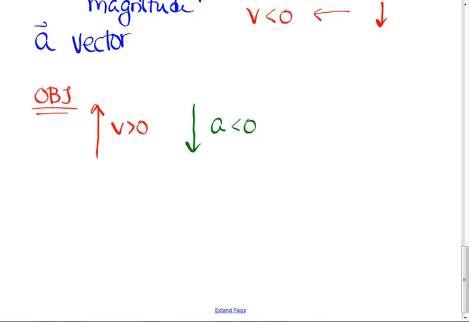You know the answer to this. If I throw this pen up in the air, is it speeding up or slowing down? Slowing down. They're opposite signs. So if you have opposite signs for V and A, then the object is slowing down.